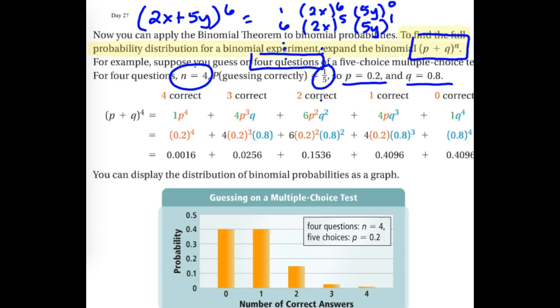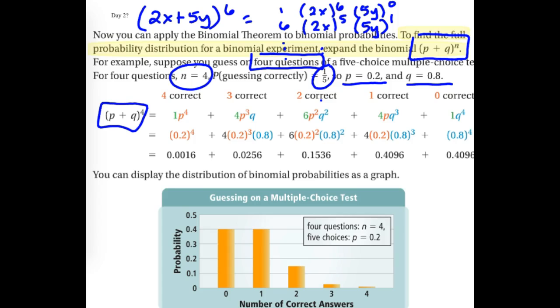Now, it says if we expand P plus Q to the nth power, so we have P plus Q to the 4th power, right? Because n was 4. When we expand, we take our Pascal's triangle row. That's the green numbers, the 1, 4, 6, 4, 1. Then we took P, and we said it starts out with its highest power.